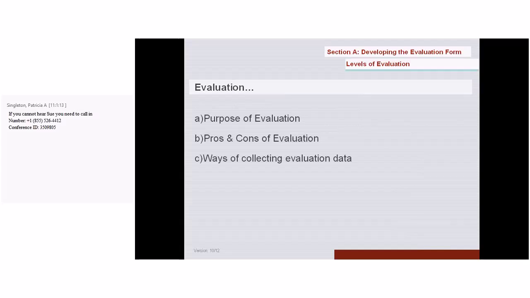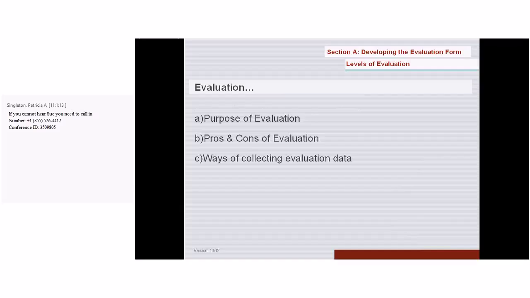Our roadmap for today's webinar is very straightforward and to the point. We are going to define, describe, and work with the 4 levels of evaluation. Prior to logging on to this webinar in the online introduction to evaluation, you were introduced to the purpose of evaluation.